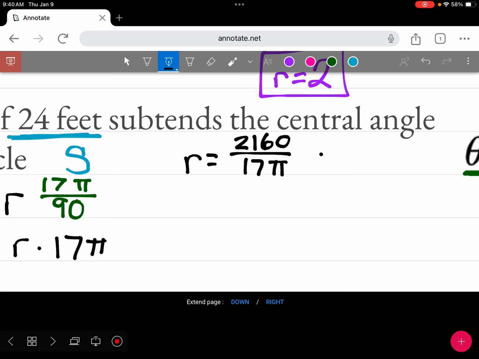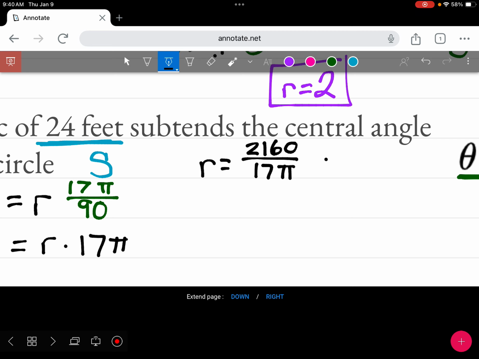Great. How far is that? Actually, give me a number. When we're looking at the radius, we're trying to find an actual measurement. I need a measurement and I need units. 40.44. What's our unit? Feet. Okay.